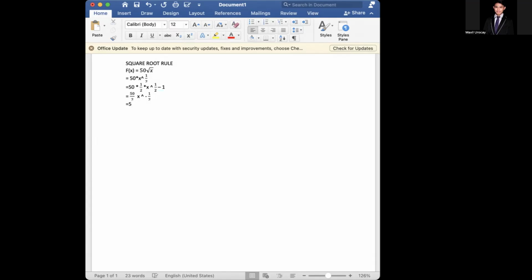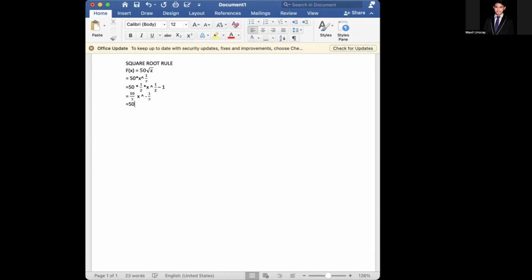So say for example, 50 over 2, the 1/2 power we can make as square root.